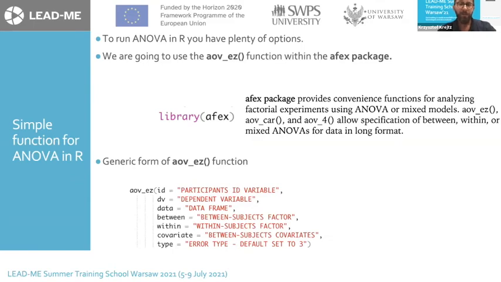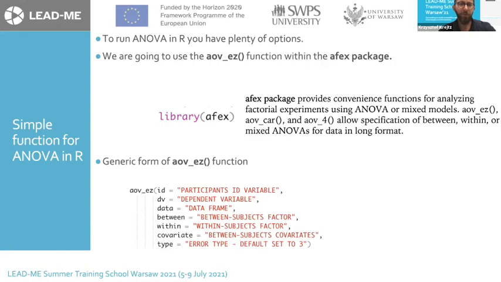Then I load the library afex. As I said, it's pretty convenient. It provides pretty convenient functions for analyzing with ANOVA. And the general form for using these functions is as follows.